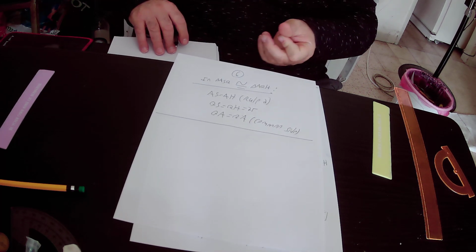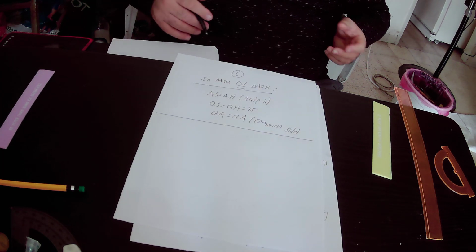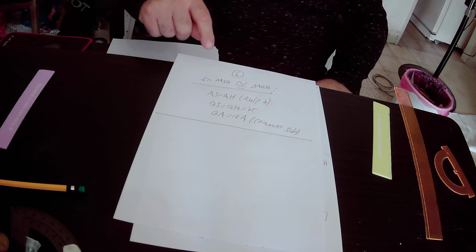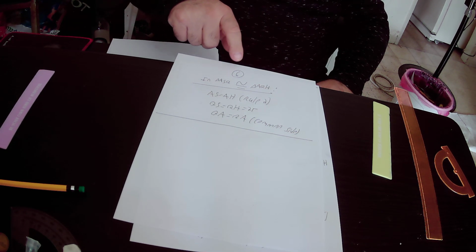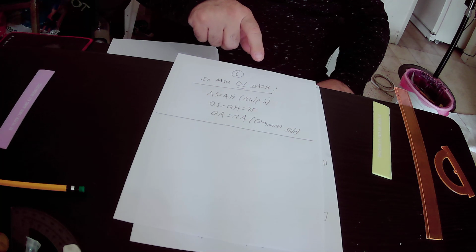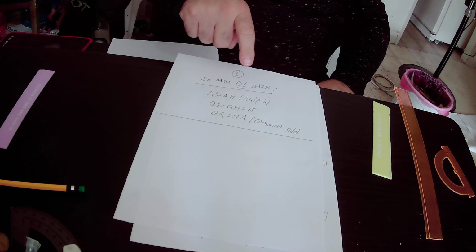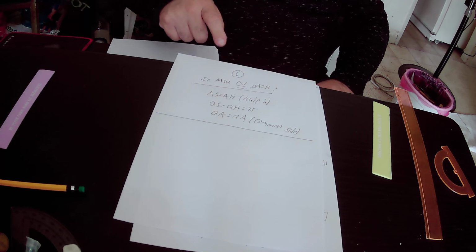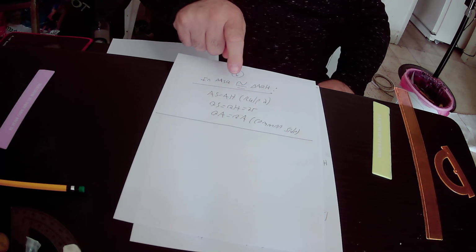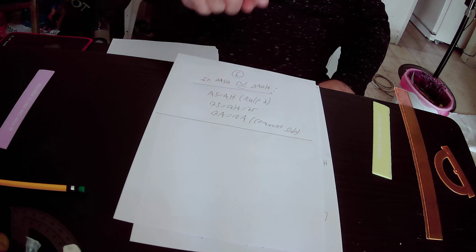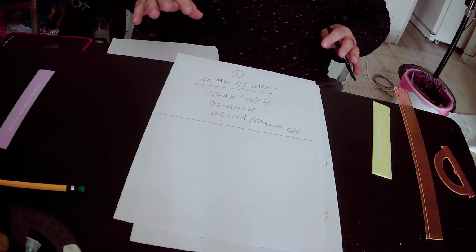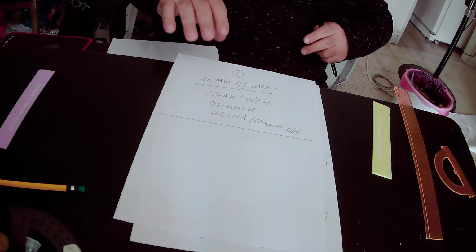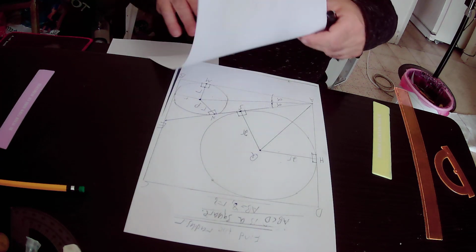Again, QA is a common side that belongs to both triangles, so we actually proved that all three sides of the right triangle ASQ are correspondingly equal to all three sides of triangle AQH. So those two triangles can go into each other according to side rule. So I will write it down.